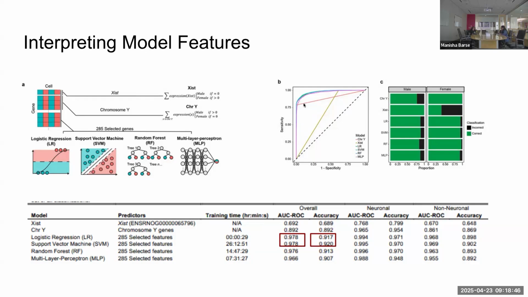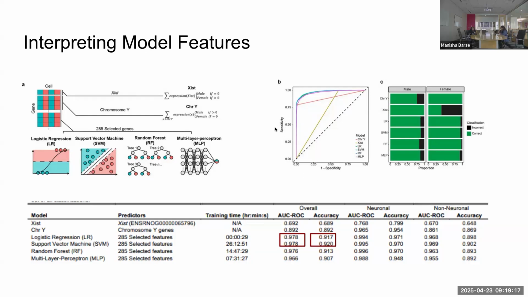Then in panel B, we see the sensitivity versus 1 minus specificity plot. In this whole paper, they have evaluated the methods based on the area under the curve, the AUC, ROC curves. They have evaluated on the basis of the values obtained from this.